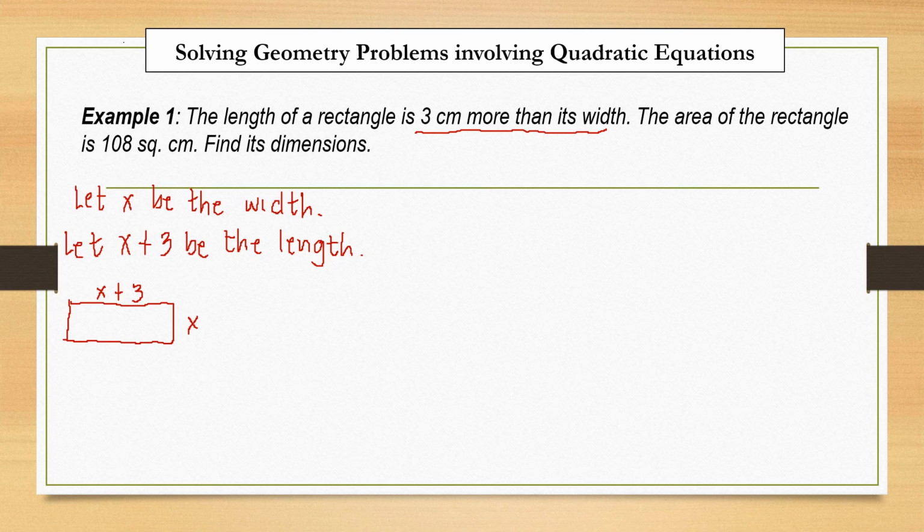It says in the problem that the area of the given rectangle is 108 square centimeters. We know that the formula for the area of a rectangle is length times width. So we have the length, which is x plus 3 times the width, which is equal to x, is equal to the area.